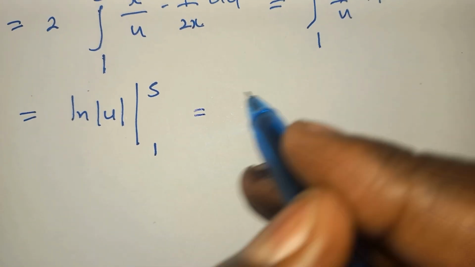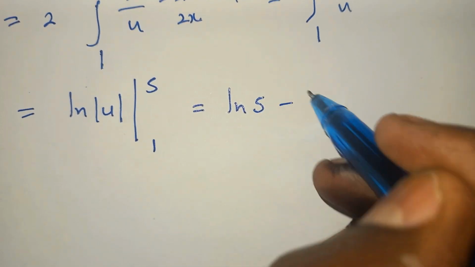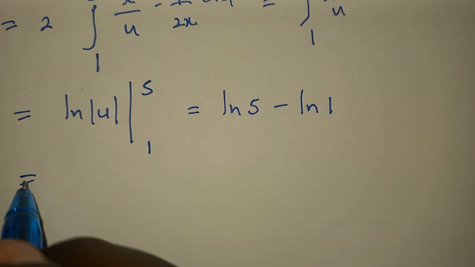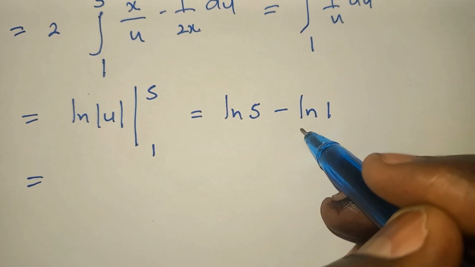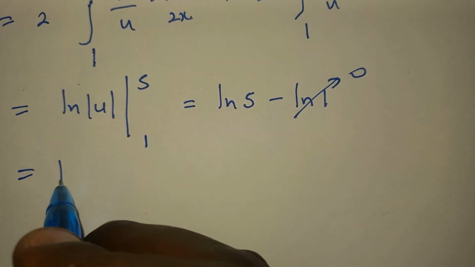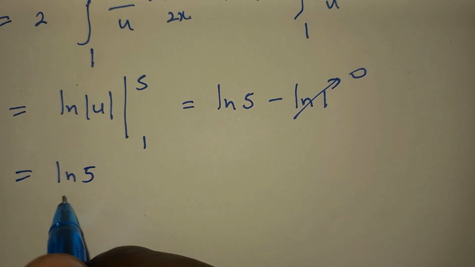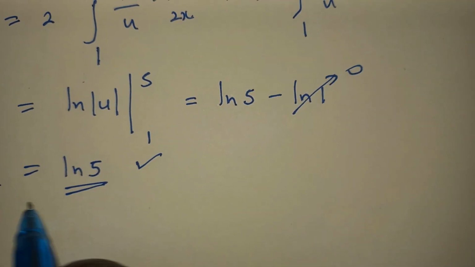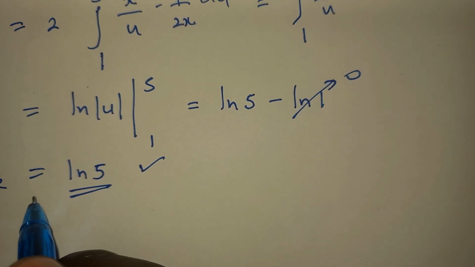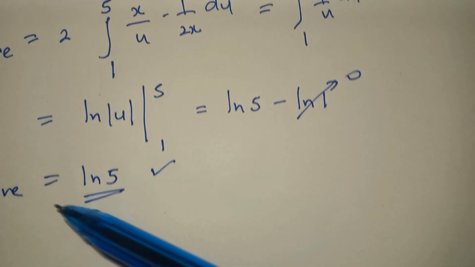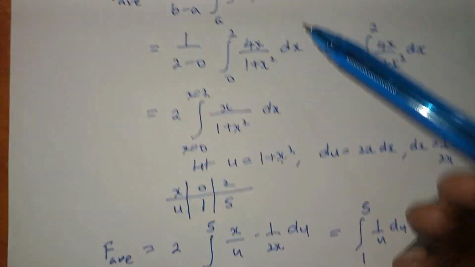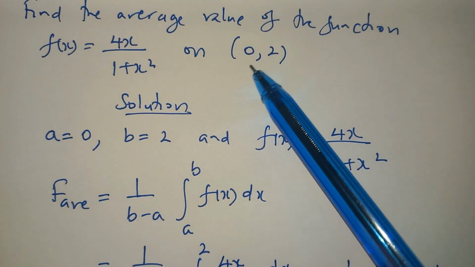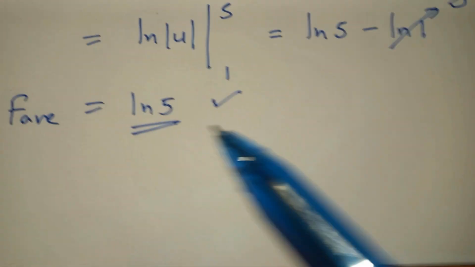If you substitute the limits, then you have natural log of 5 minus natural log of 1, and natural log of 1 we all know is 0, so that leaves us with natural log of 5 as our value of the average value of the function.